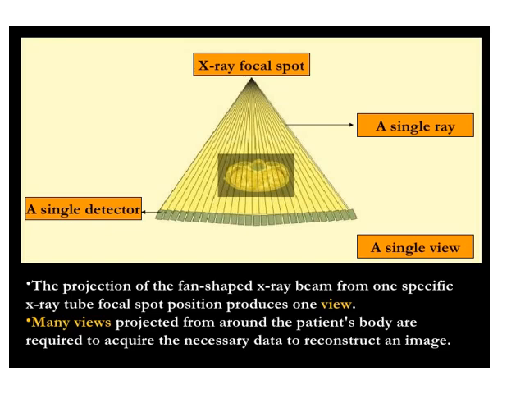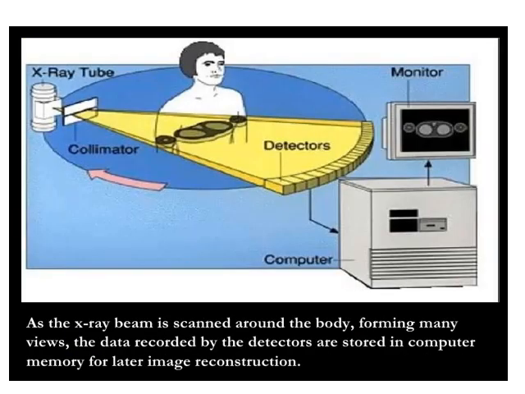The projection of the fan-shaped X-ray beam from one specific X-ray tube focal spot position produces one view, and many single views produce a large image. As the X-ray beam is scanned around the body forming many views, as shown in the figure, the data recorded by the detectors are stored in computer memory for later image reconstruction.